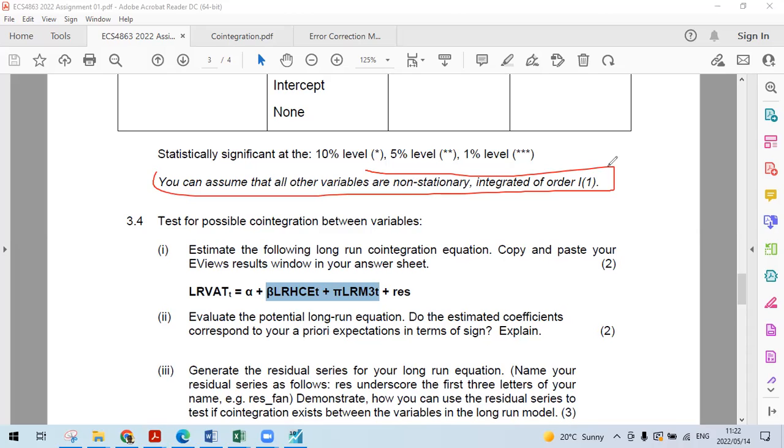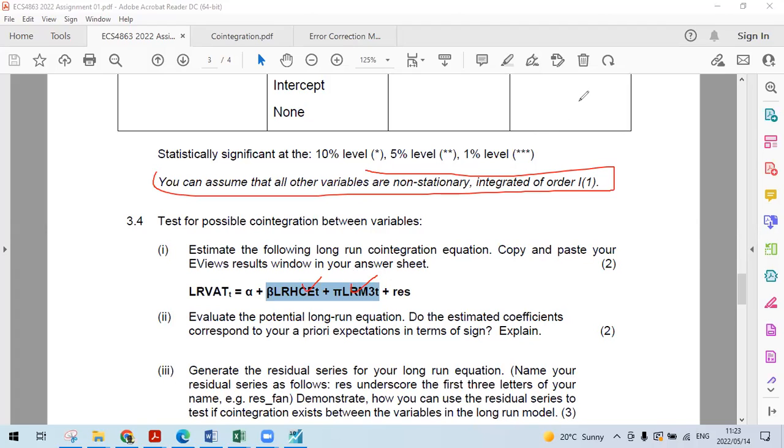This is very important. Remember, we didn't test for stationarity for all the variables, but they're saying just assume that all are of order 1. But if you have time for practice purposes, you can test all the variables for stationarity. But we are saying, let's assume that we have tested them and they are all integrated of order 1.